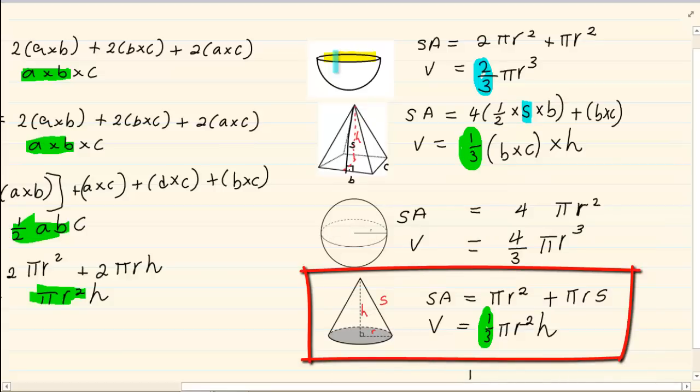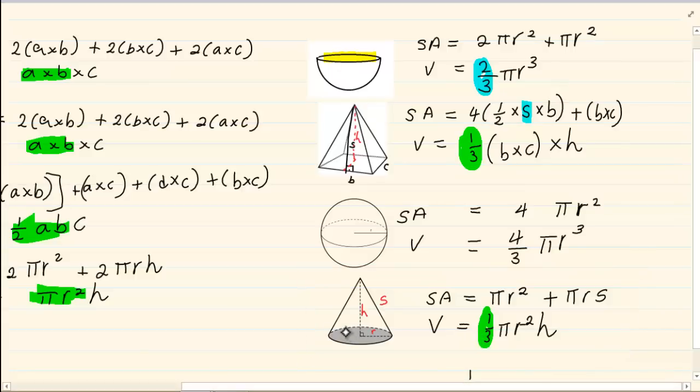Now the surface area of a cone, if you take the base, you can clearly see it is a circle, pi r squared. And then if you take the cone, again it is working with the slanted height, much like the slanted height that we had used in the pyramid. So it would be pi r times the slanted height.